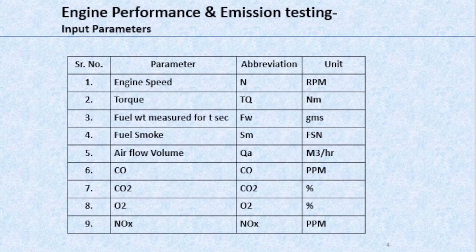Let us go through the input parameters one by one, and we will discuss brief information about some of the key parameters. Engine speed refers to the crankshaft speed in rotations per minute. You may already be aware of it. Torque is force in rotation. Fuel weight measurement is done to calculate fuel consumption on an hourly basis or in specific terms. This measurement can be on a gravimetric or volumetric basis.